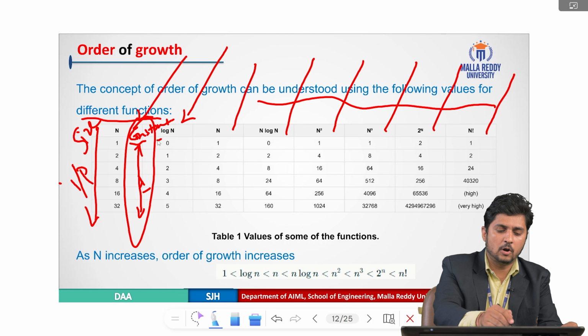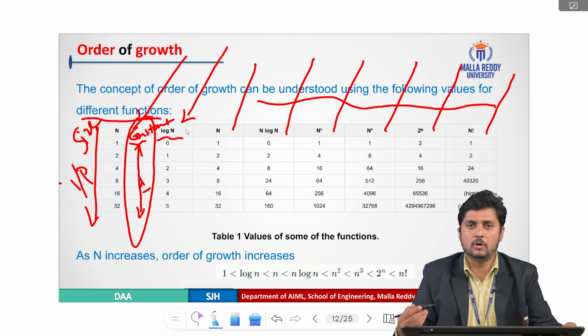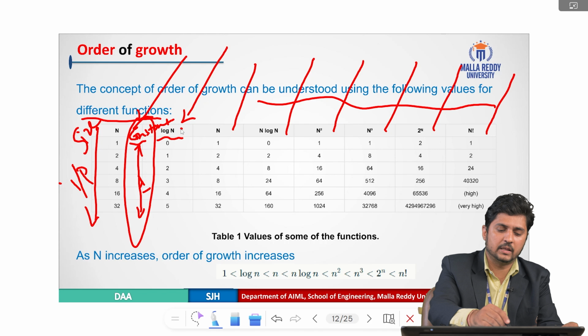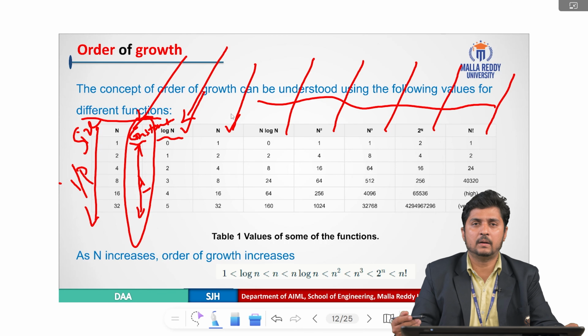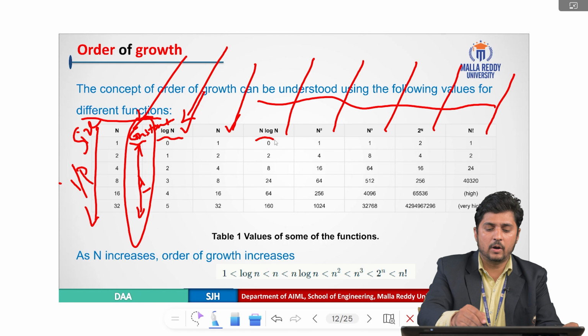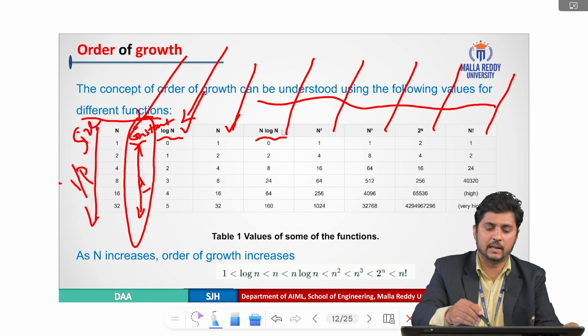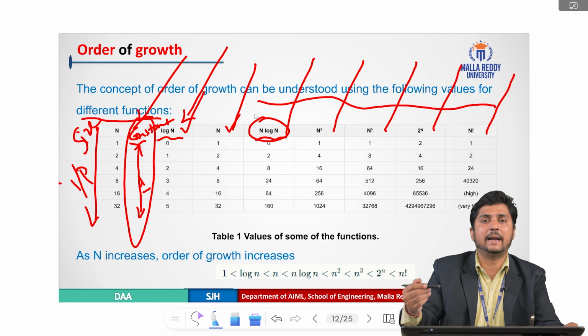Moving towards the logarithmic class, as we all know, binary search falls under the category of logarithmic class. Coming to the next category, linear search comes under the linear class. And n log n is a sorting class, where the most popular sorting technique we know is quick sort, which falls under the n log n category.